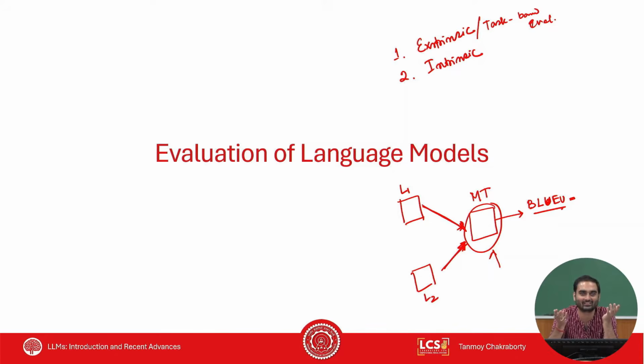Let's say you don't have time, and you have to choose very quickly between L1 and L2. You can't use this kind of framework. So we'll have to have some ways to intrinsically or implicitly measure the quality of a language model.